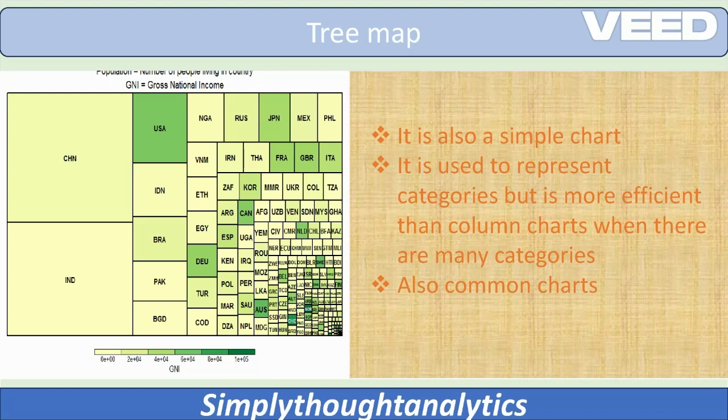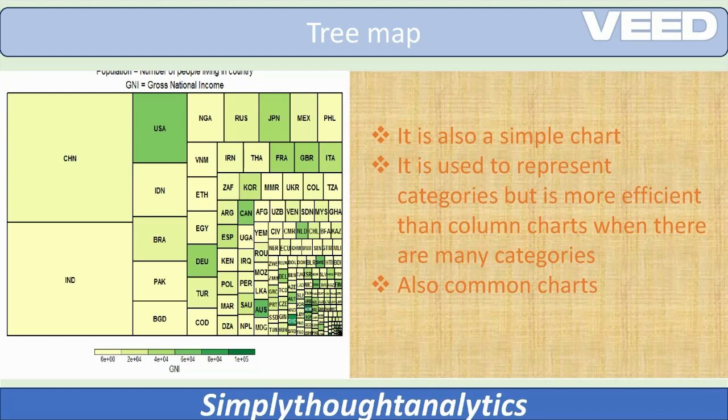And it's usually very useful when you have so many categories. For example, probably you have 100 different cities where you are selling a particular product, and you want to know in which of the cities we have the highest amount of sales for this product.